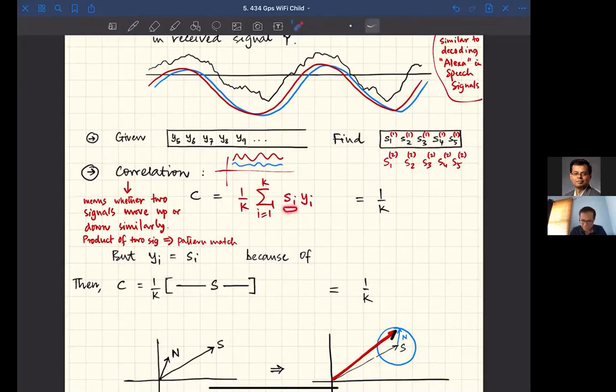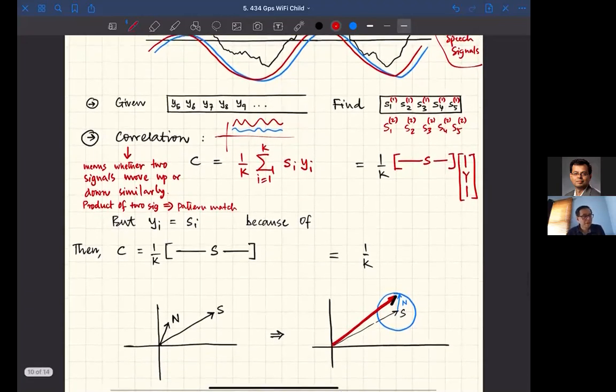Essentially taking the SI from here and the YI from here, and we just multiply, and that would mean you're essentially taking a dot product of the S signal that you're looking for and the Y signal that you're receiving. This is a dot product because look, this is SI, YI for every element in SI and YI. Okay, good.